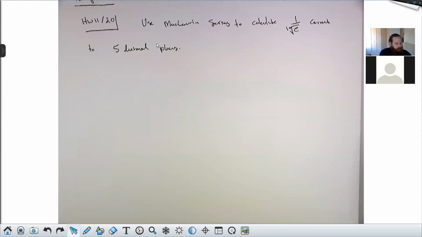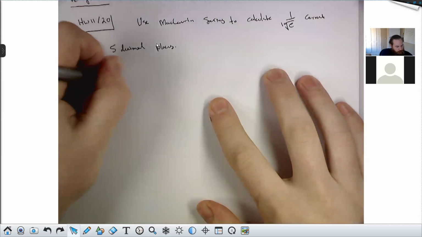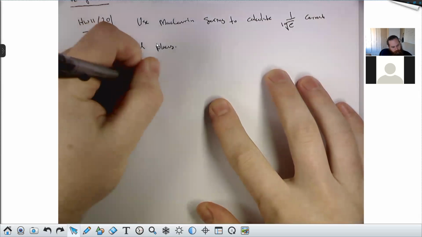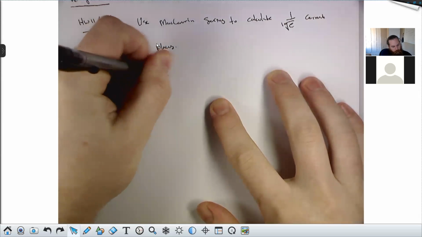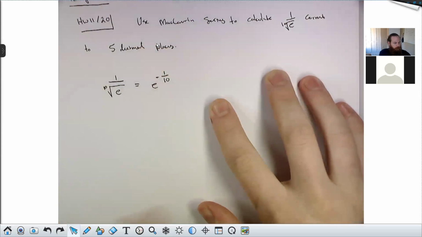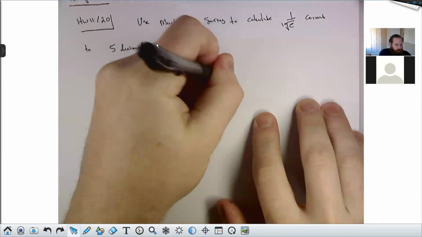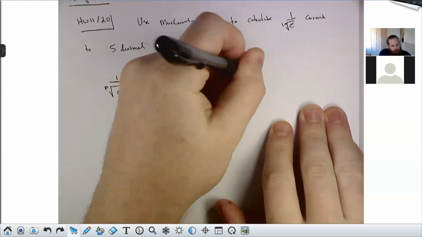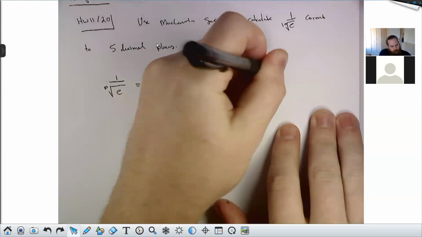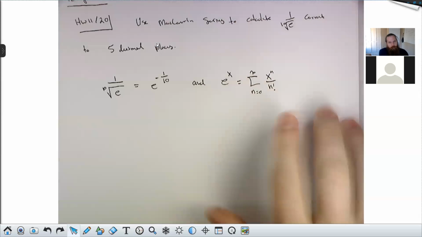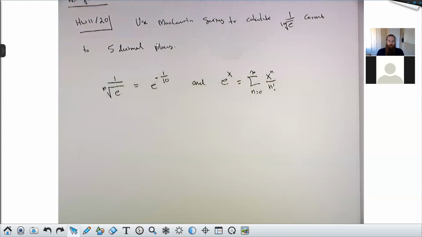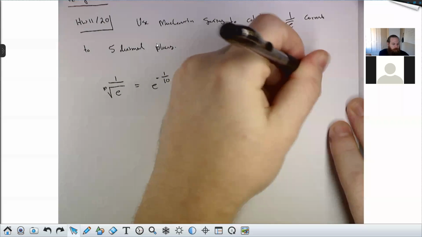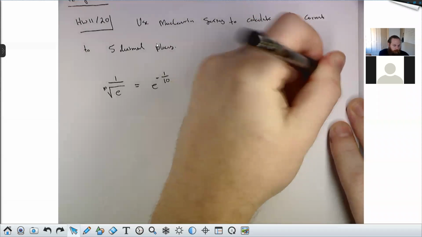So let's get started. 1 over the 10th root of e, that's e raised to the power of negative 1 over 10. And we know that e to the x is sigma n from 0 to infinity, x to the n over n factorial. This has an interval of convergence of negative infinity to infinity.